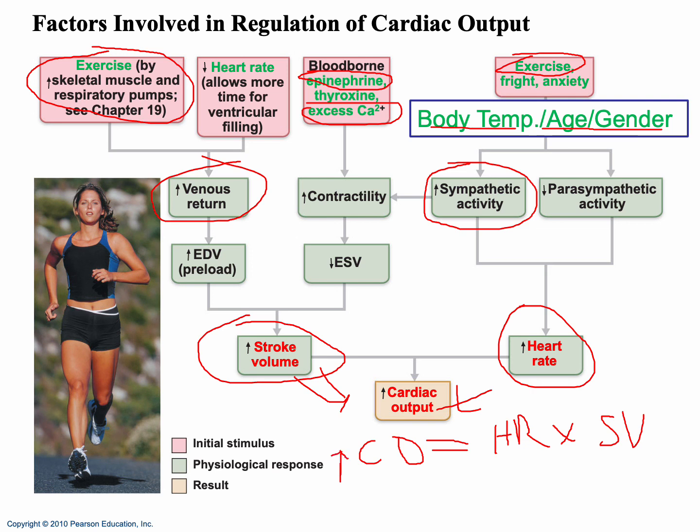And it goes up, of course, because your heart rate increases, right? And also because stroke volume increases too. Because when you're exercising, more blood flow is going through, okay? And the heart's getting strong. So both stroke volume and heart rate will increase when you exercise. And that's definitely important to be aware of.